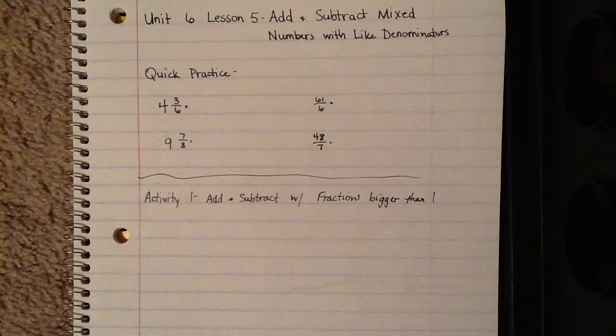Okay. We had a couple different ways of modeling how we add with different numbers. Remember, we've used fraction bars, and you've added, for example, 4/5 and 3/5. And so you drew a bar that had 5 pieces with 4 shaded in, and you drew a bar that had 5 pieces with 3 shaded in, and then you added your shaded pieces together, remembering that my denominator stayed the same.